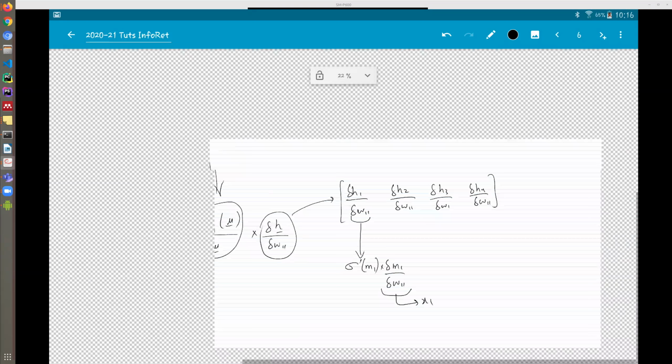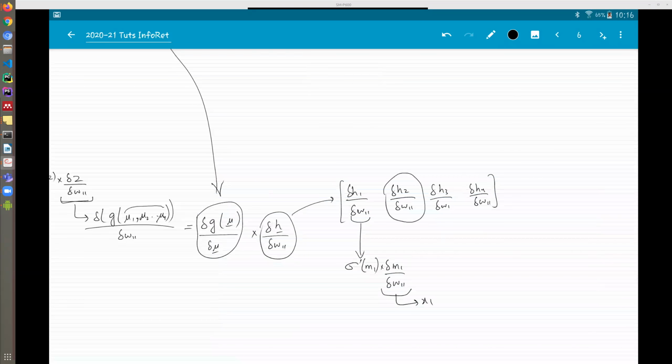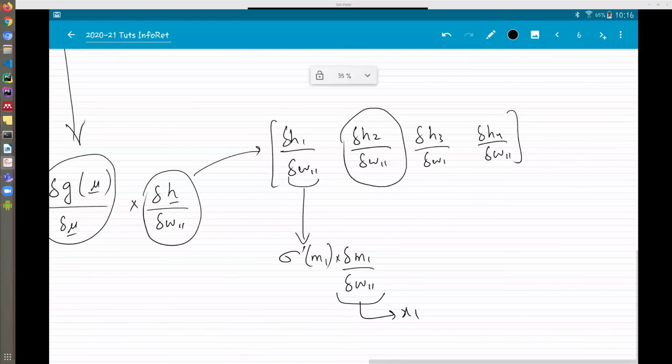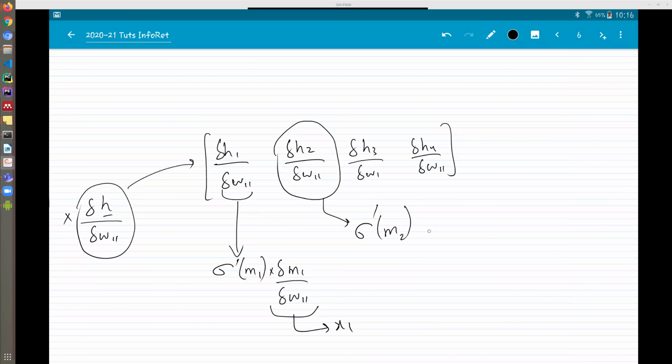Now if you look at h2, by following the chain rule this will be the derivative of sigma at m2 times the partial of m2 with respect to the partial of w11. We can see that m2 does not depend upon w11, so this will be 0.